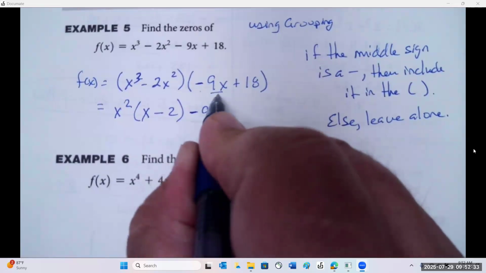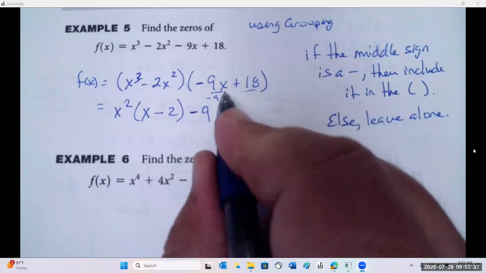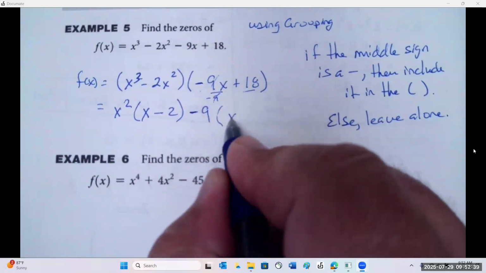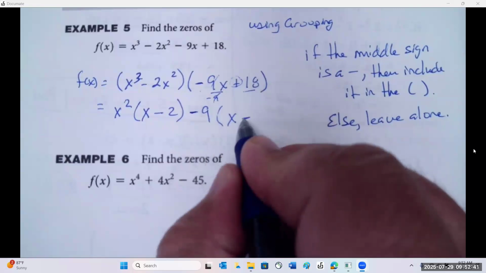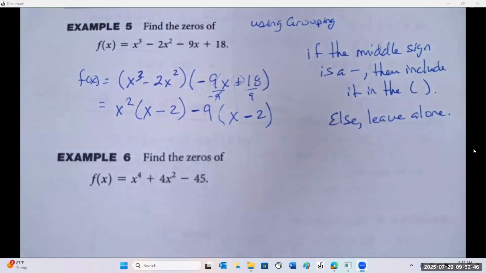If we divide by -9, so we took out the negative, we have to change the signs. 9 cancels, so we have x. Change the sign, 18 divided by 9 is 2. Again, chapter 3. If you did chapter 3, you know what I'm talking about. If not, you're in for a rude awakening.